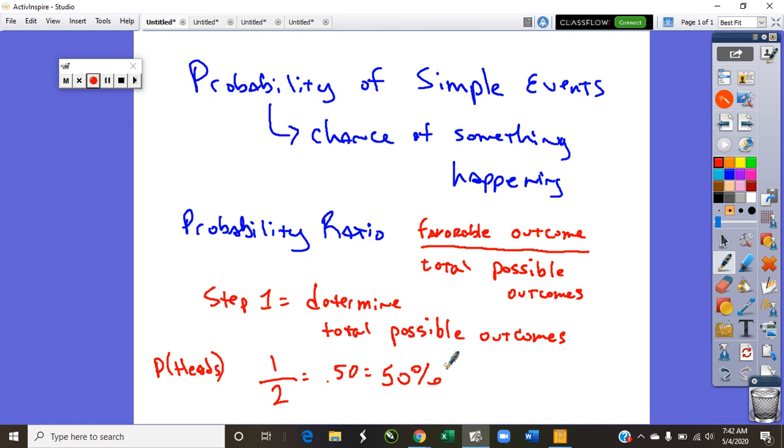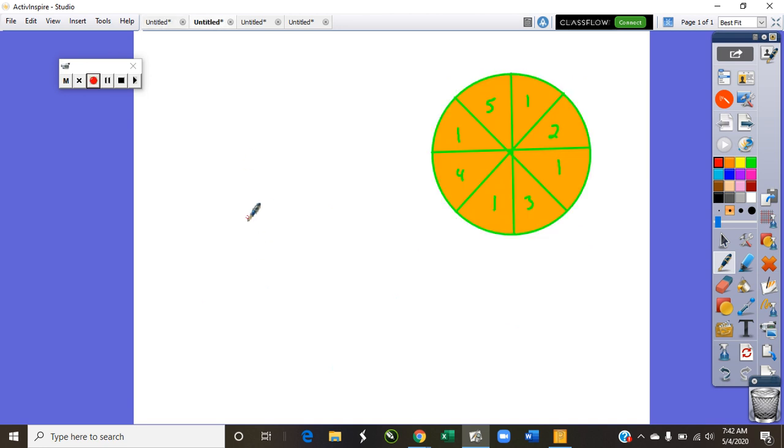Let's say that we had some spinners, like those little circular things that have an arrow in the middle. If I had a spinner and I was using that to find certain probability, in this one, we've got some numbers. Now we're not going to pay attention yet to what exactly the numbers are. But remember, what's step one? Determine the total possible outcomes.